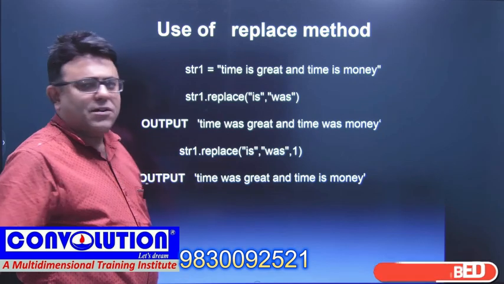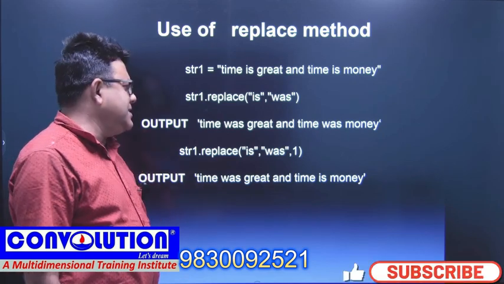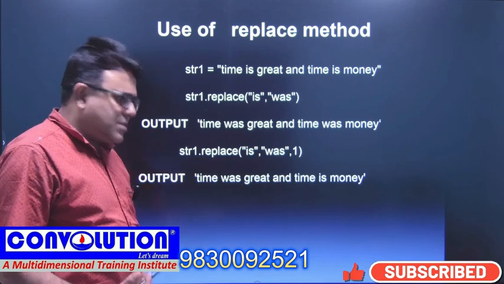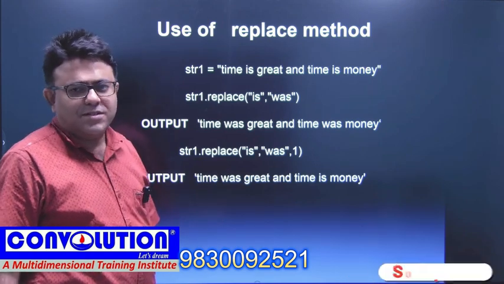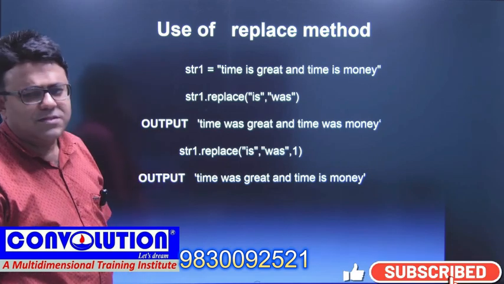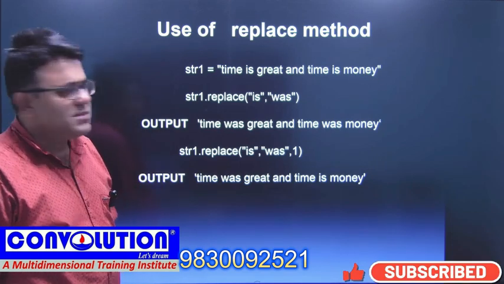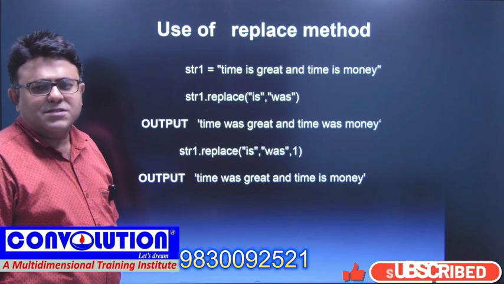This way we can also specify how many is you are going to replace with was. So this is also a very important function which you have learned in Python, the replace function.